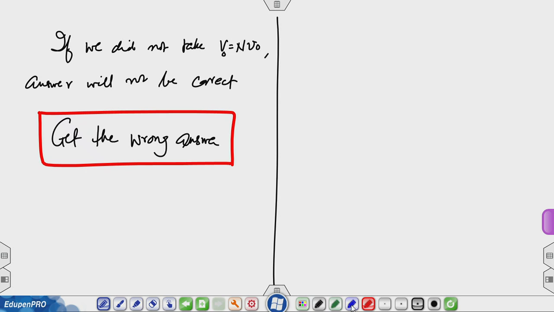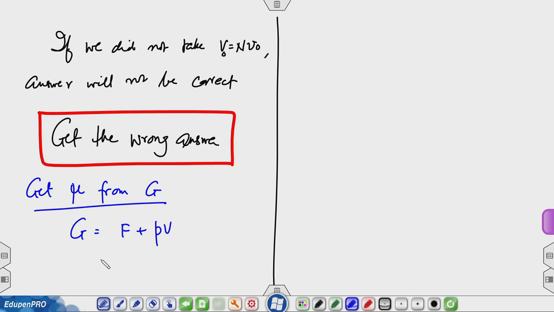The other way we can do it is get mu from G. G is nothing but F plus PV, which is U minus TS plus PV, and then mu equals G per N. And you do that and you'll get the same answer as earlier.